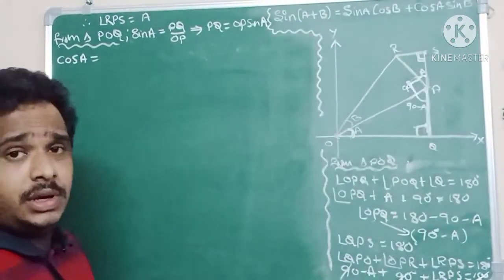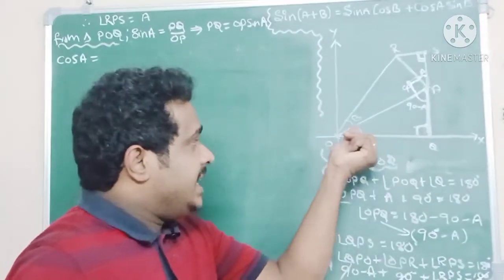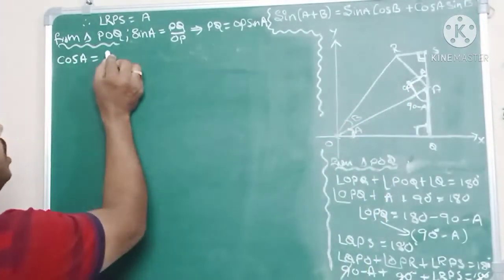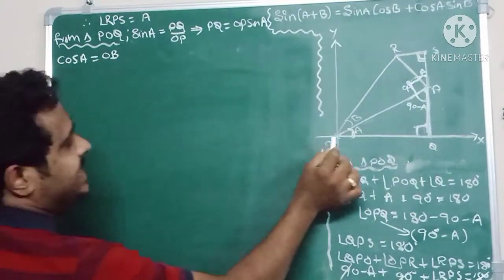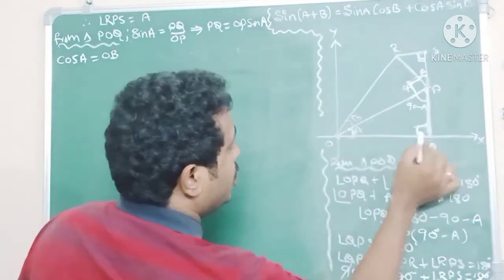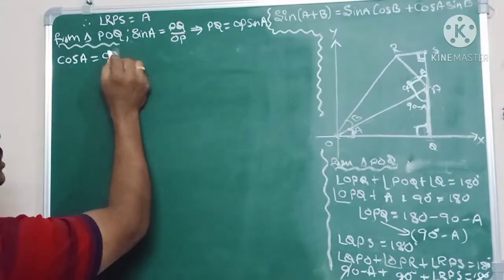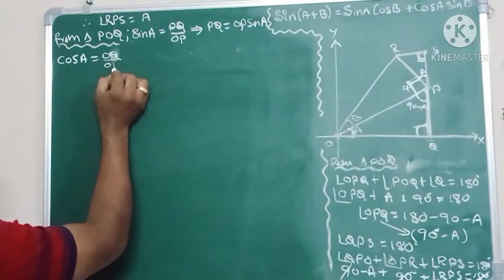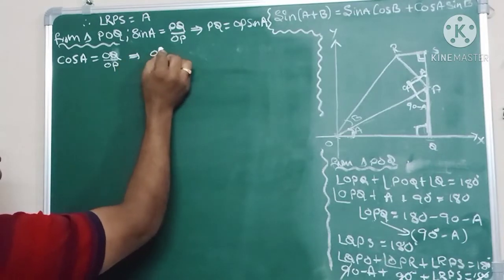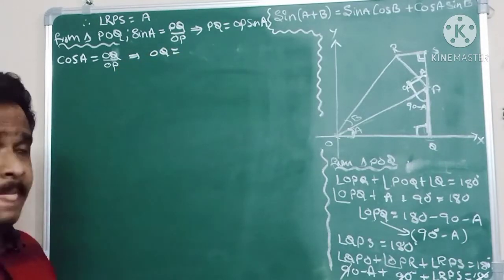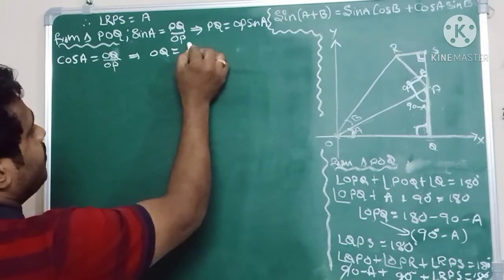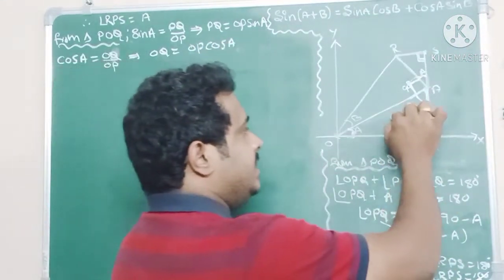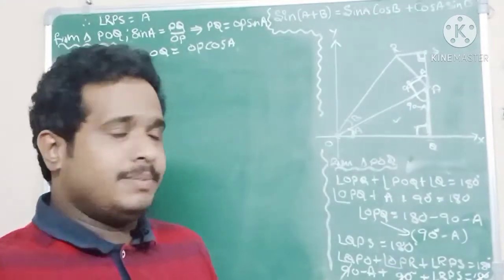Cos A is the adjacent side to A over the hypotenuse, that is OQ by OP. That implies the length of OQ equals OP cos A. Okay, this triangle information is completed.